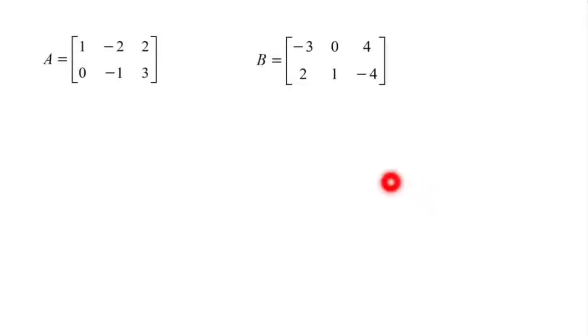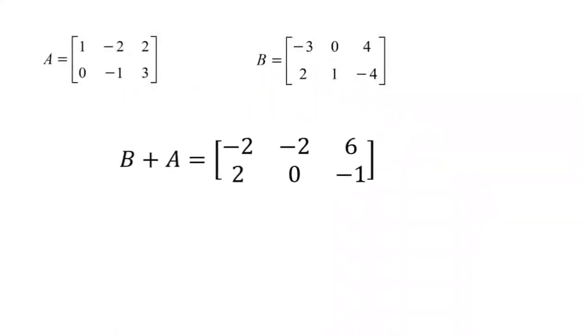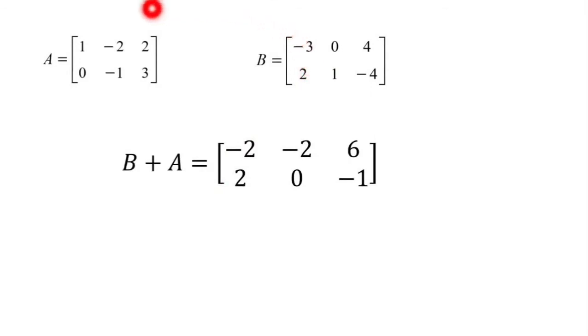I consider the same example. A is the given matrix, B is also the previous one, then B plus A. What is B plus A? See, minus 3 plus 1, it becomes minus 2. 0 plus minus 2, it becomes minus 2. 4 plus 2 is 6.